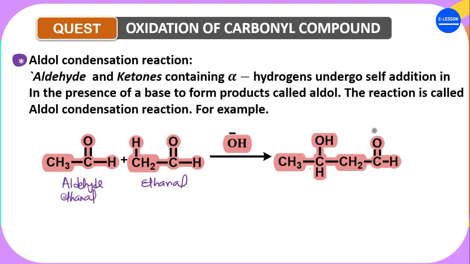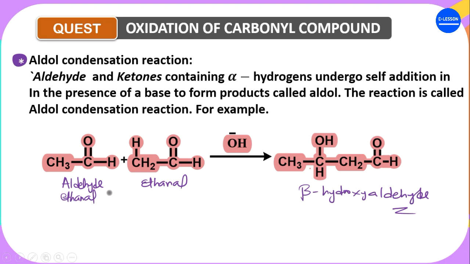Now, the product that is formed is called a beta hydroxy aldehyde or a beta hydroxy ketone. Okay? Beta hydroxy aldehyde. That is if the reactants that reacted are all aldehyde molecules.